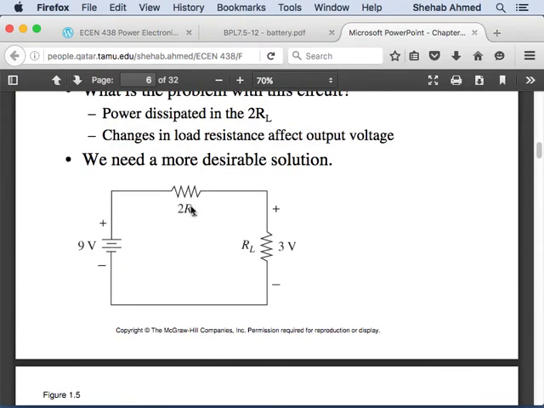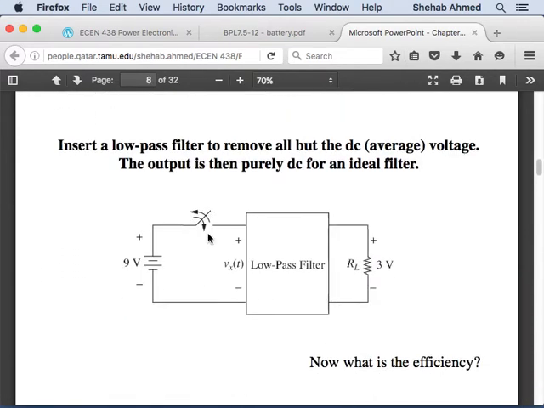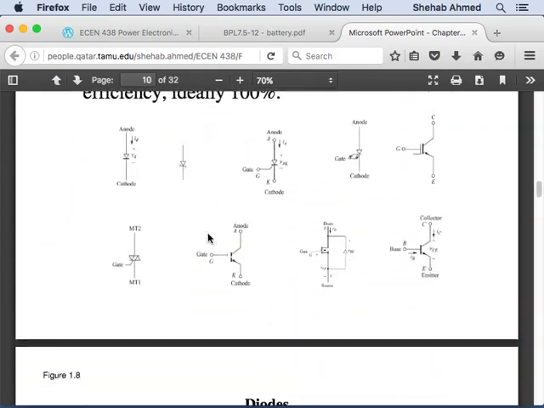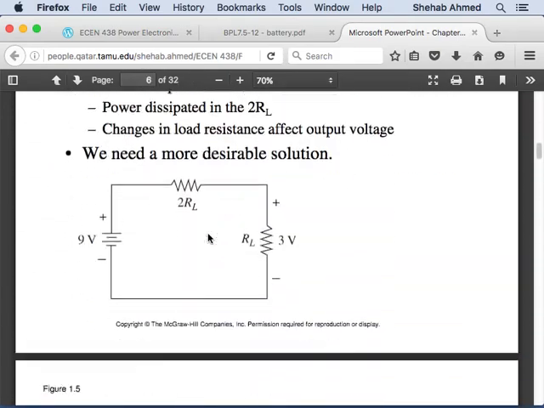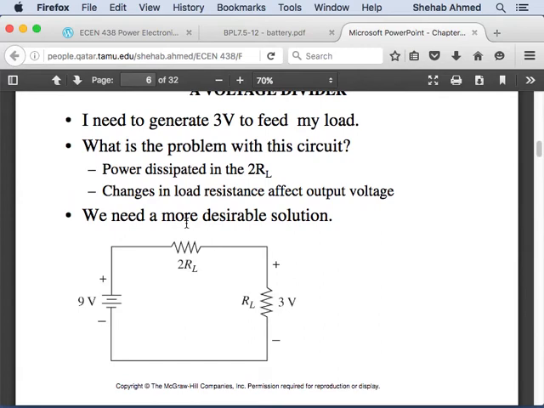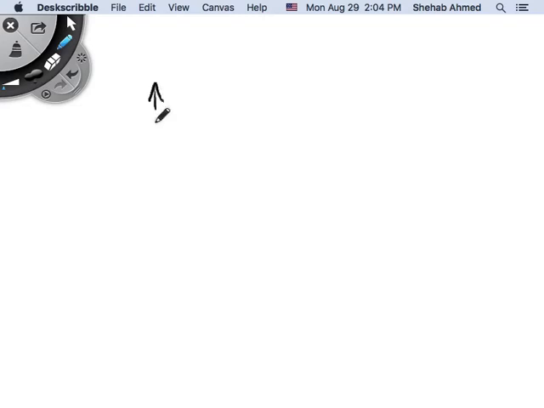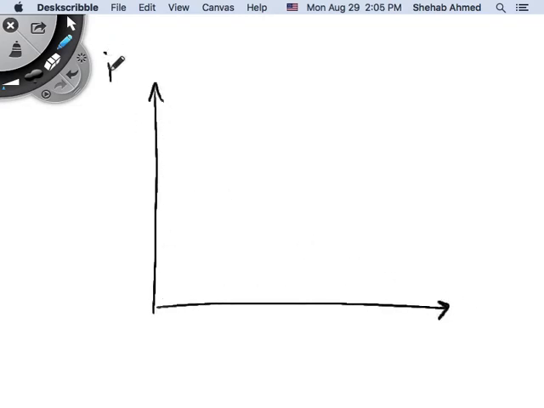So I can remove this resistor and do what we did in 325, which is what we call the linear regulator. I can remove this resistor and put a MOSFET or a BJT device and operate it in linear mode. What does linear mode of a MOSFET or BJT mean? This was either IC for a BJT device or ID for a MOSFET device, and this was the voltage across the device, either VDS or VCE, depending on the MOSFET or IGBT.